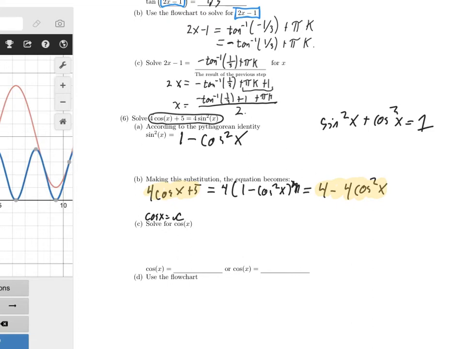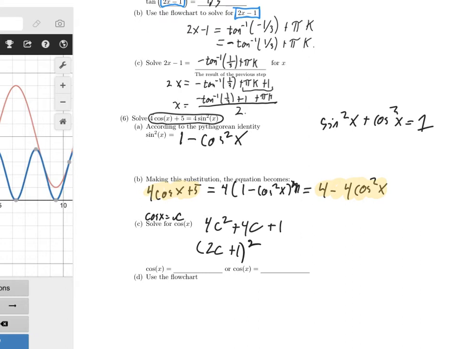I'll start by adding 4c squared to the other side, plus 4c from this, plus 5, and I'll subtract 4 to the other side, plus 1. That's something that you'll even recognize factors. That's 2c plus 1 squared. If you don't believe me, then check by FOILing.